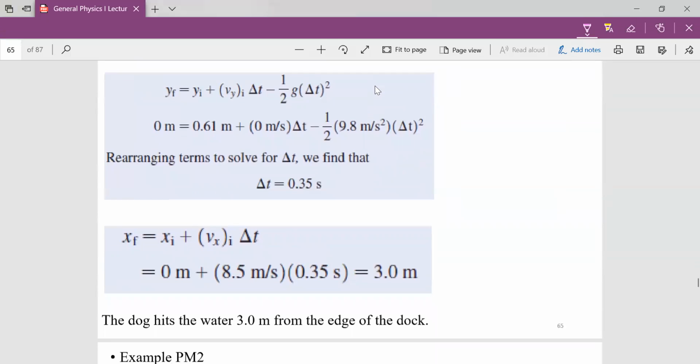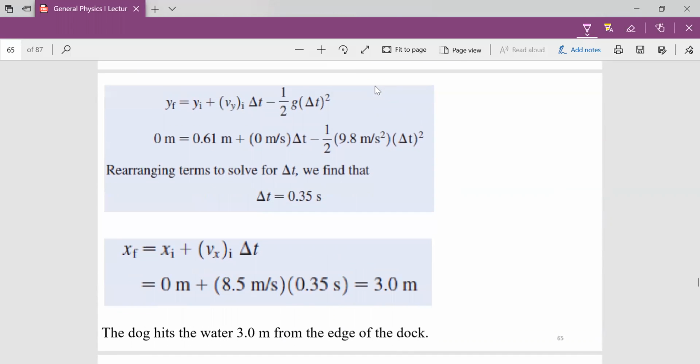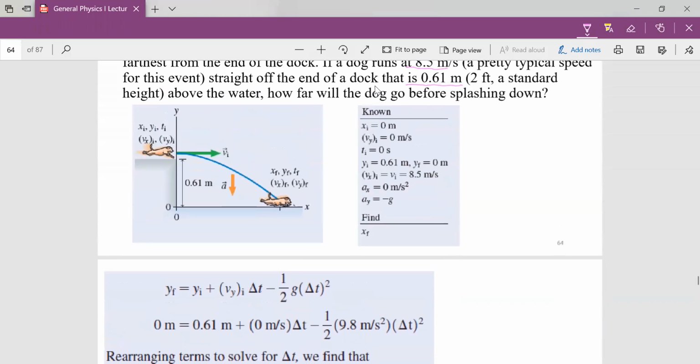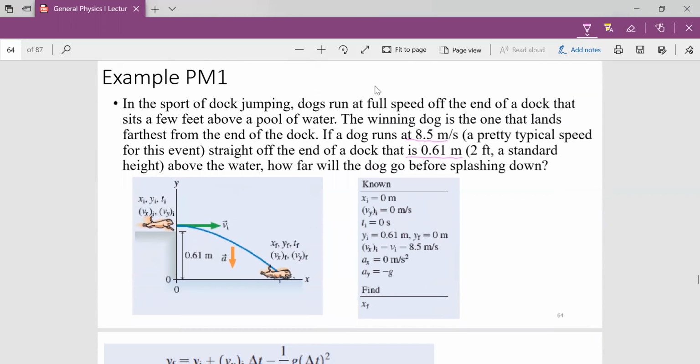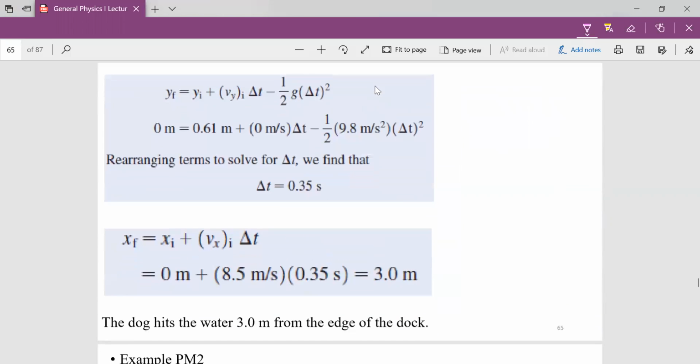So we'll have our Vy initial to be 0, and we substitute straight into the equation above. This takes this out.